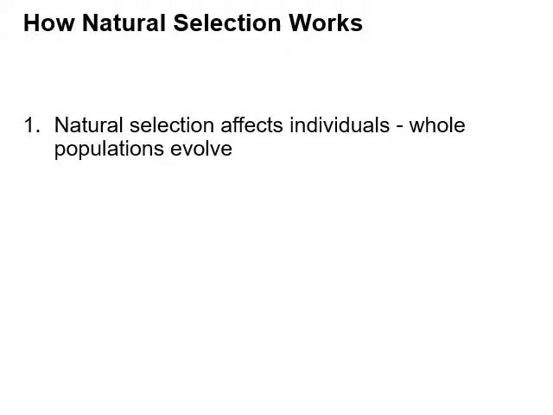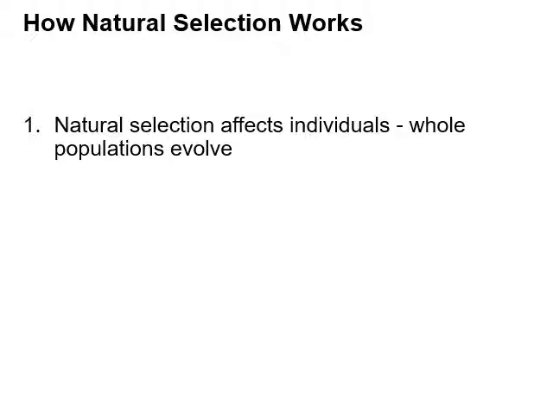Okay, I wanted to dispel any myths that you might have about natural selection. One kind of myth, or maybe more like a misunderstanding about natural selection, is that natural selection has an effect on individuals, but it's whole populations that evolve, right?